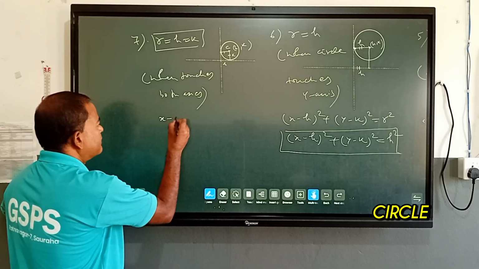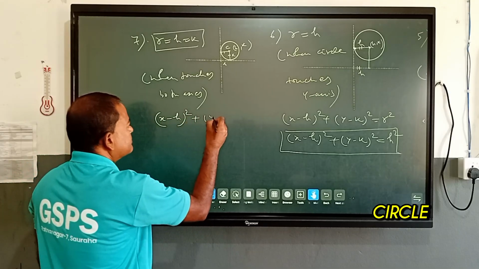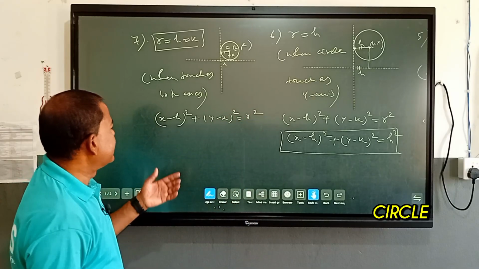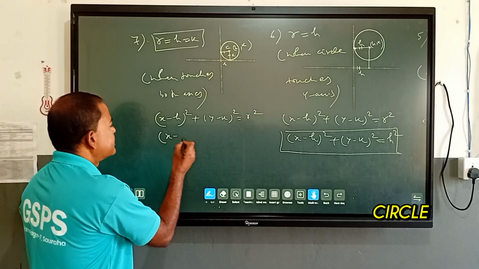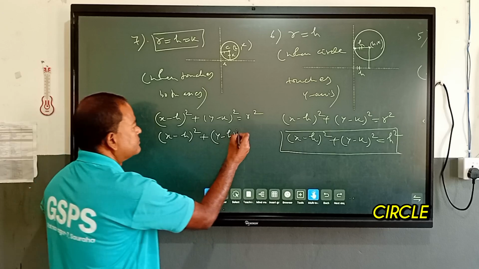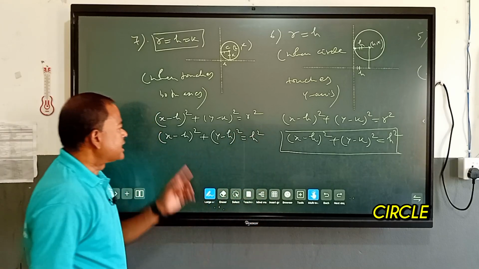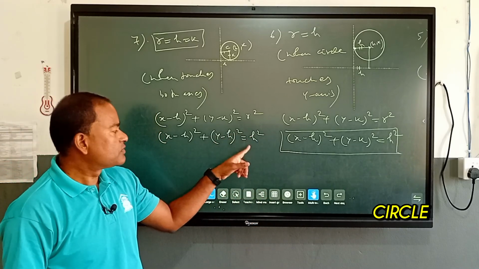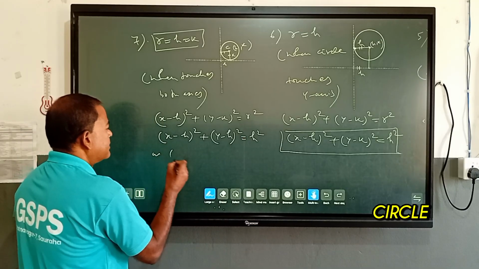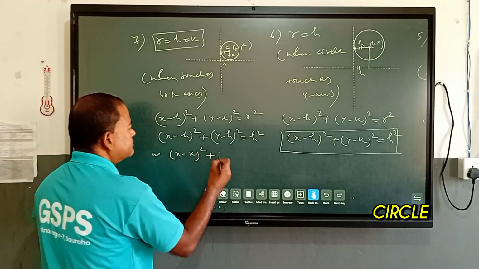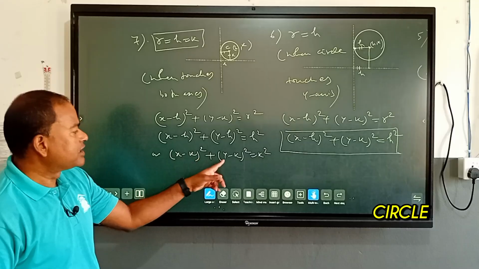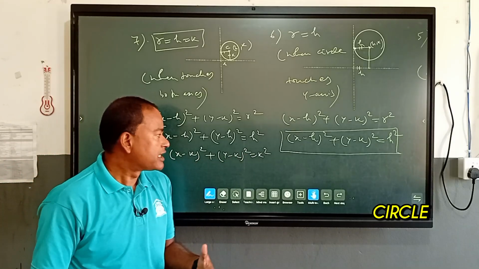In that case, the equation of the circle we can write as x minus h whole square plus y minus h whole square equals h square, or we can write x minus k whole square plus y minus k whole square equals r square.